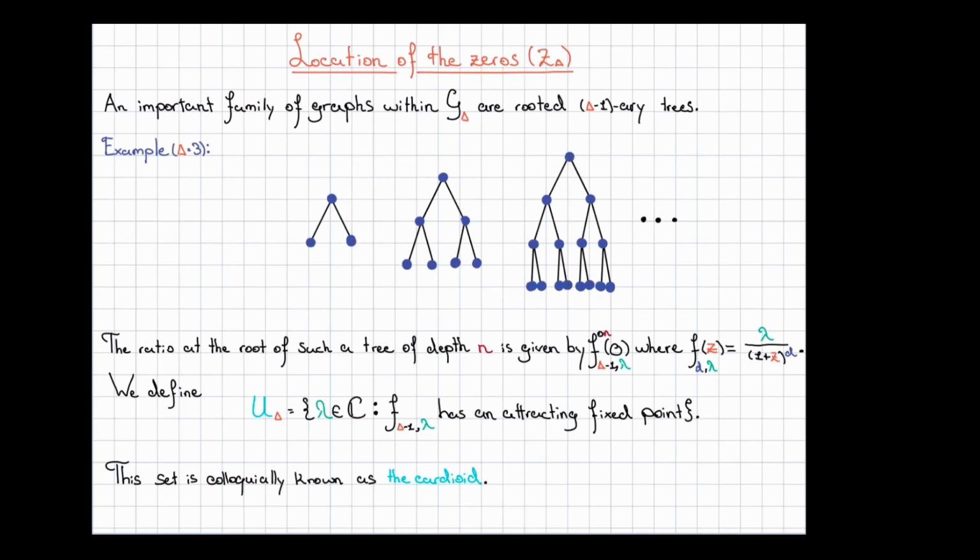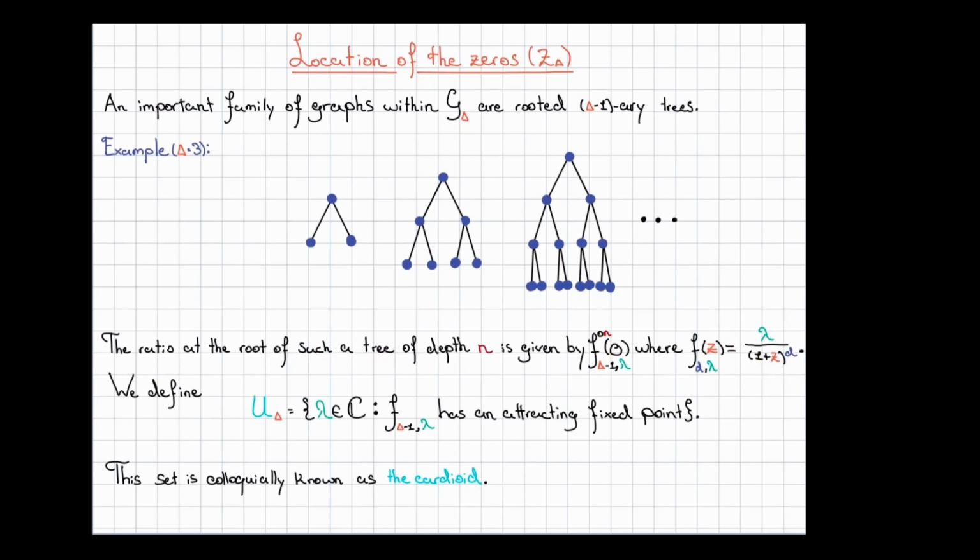So in this example, delta 3. With that iteration lemma I showed you, you can calculate the ratio at the top vertex by iterating this degree D rational map.